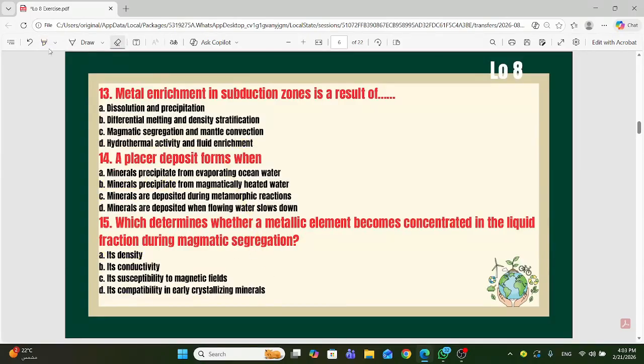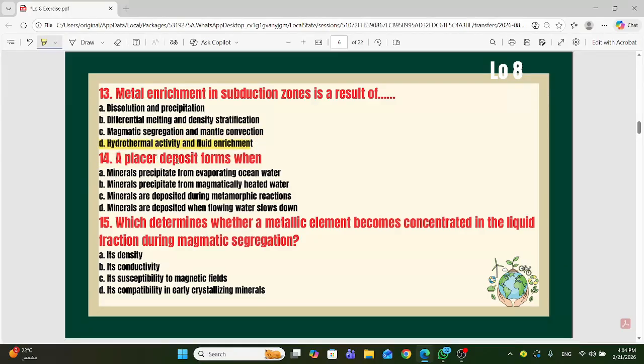Metal enrichment in subduction zone is a result of، يا ترى result بتاعت إيه؟ dissolution and precipitation ولا differential melting and density stratification ولا magnetic segregation and mantle convection ولا الهيدروثيرمال activity والfluid enrichment؟ يبقى الهيدروثيرمال activity والfluid enrichment.